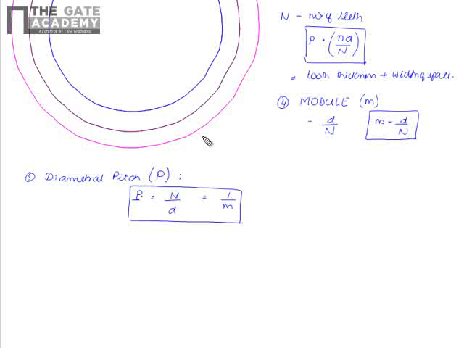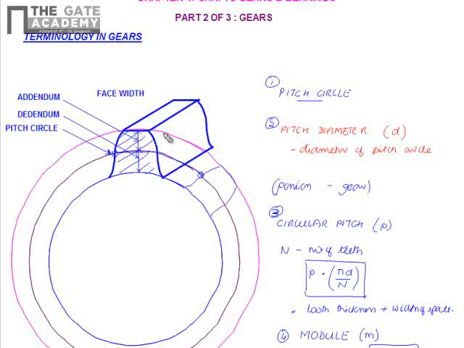Then we have another parameter called the addendum of the circle and dedendum. The addendum of the circle is the radial distance between the top land, this is called the top land, and the pitch circle.